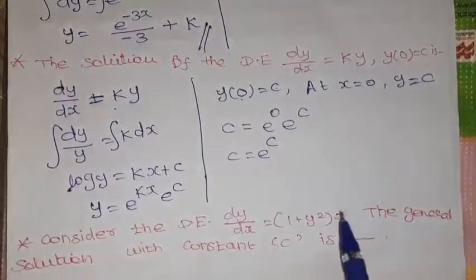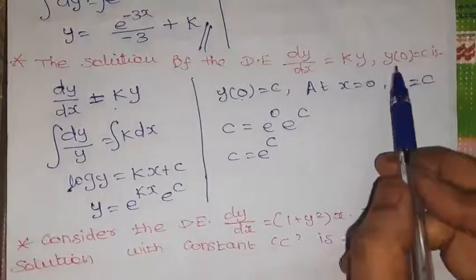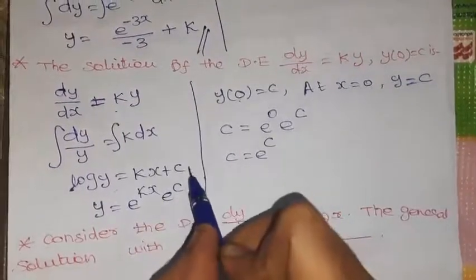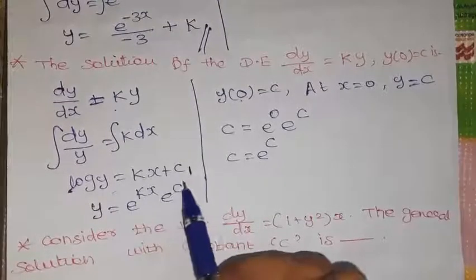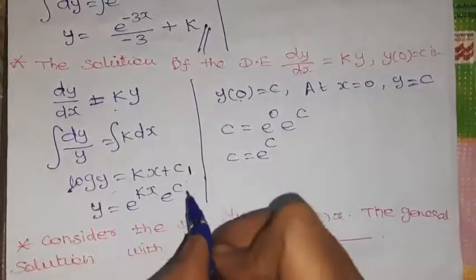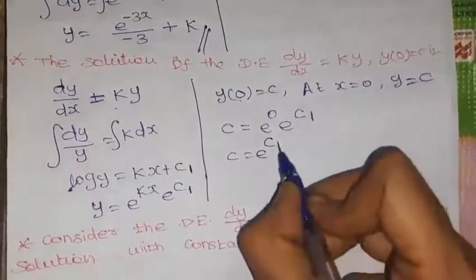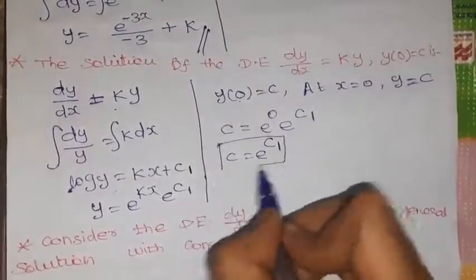So to avoid confusion, already given y of 0 equal to c, to avoid confusion, we will write here as c1. We are adding some constant that can be c1. So both c will get confused now. So e power c1. So c equal to e power c1.